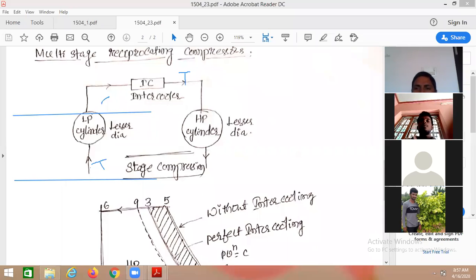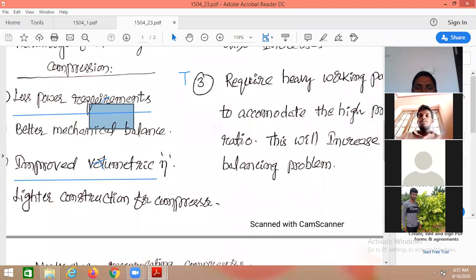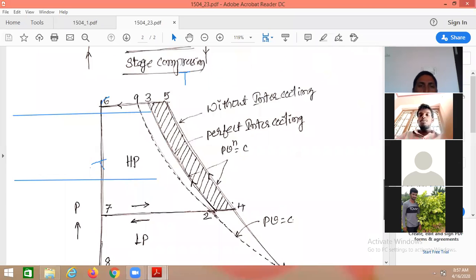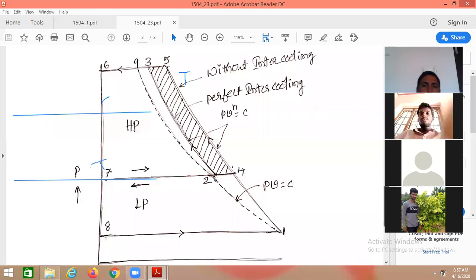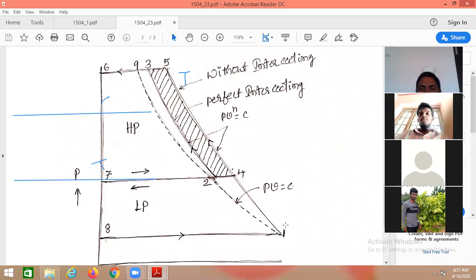What is the advantage? Let us consider two-stage compression, where the air is taken into the cylinder corresponding to state point 1 and starts to be compressed.